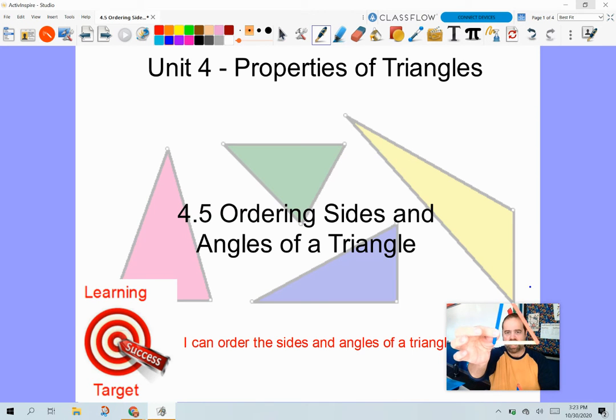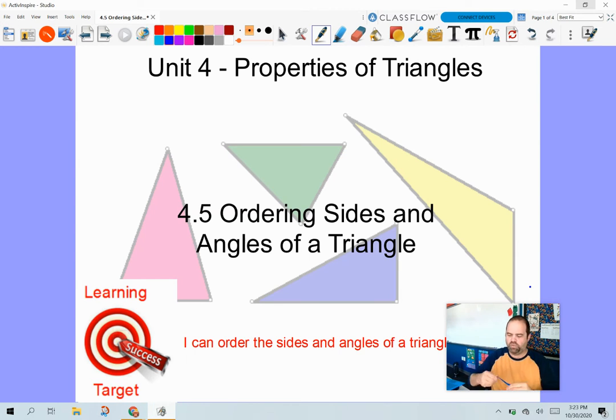The yellow side is longer, and that created a bigger angle at the top than this one that had the purple side across from it. The idea is pretty simple: the bigger an angle is in a triangle, the bigger the side is across from it.